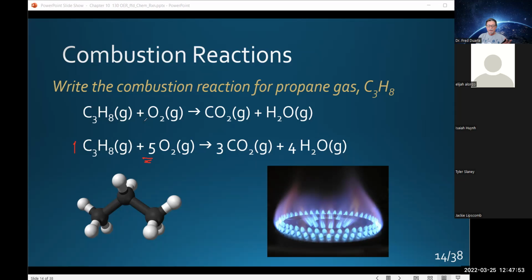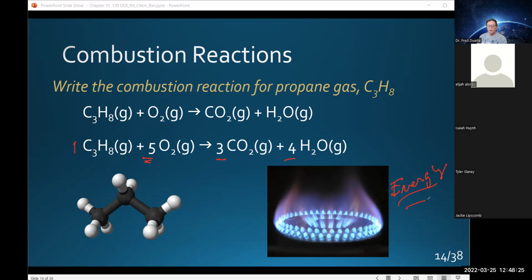And so if I have 100 molecules of propane, I need 500 molecules of oxygen. The ratio is 1 to 5 to get rid of that propane.